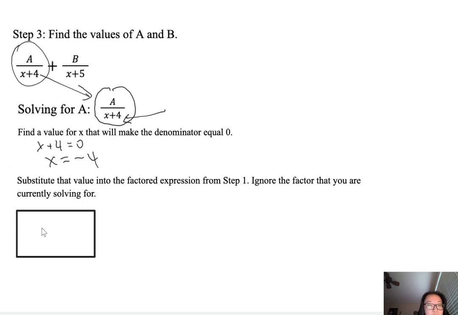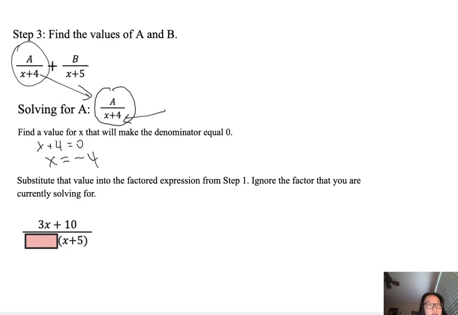So when we're substituting and solving for A, we substitute negative 4 into the numerator right here, and the denominator, but only one factor of it. We will be ignoring the x plus 4, because that's the denominator in our fraction. And this is where we'll get our answer.